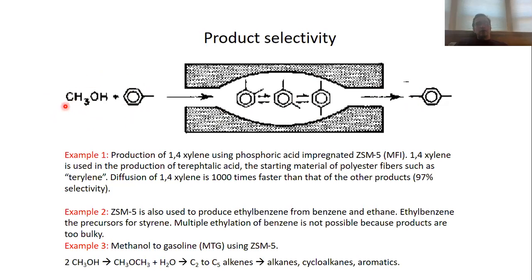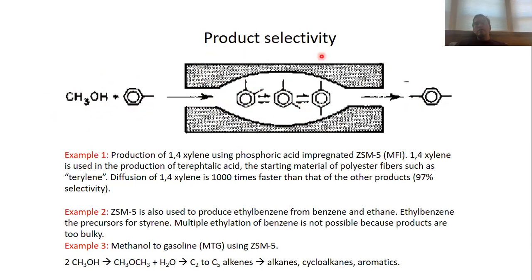So here you have methanol and toluene. Both molecules can enter our zeolite pores, and they can react with each other so that the toluene gets methylated. Okay, now it can get methylated in various positions. It can get methylated in the ortho position, in the meta position, and in the para position.